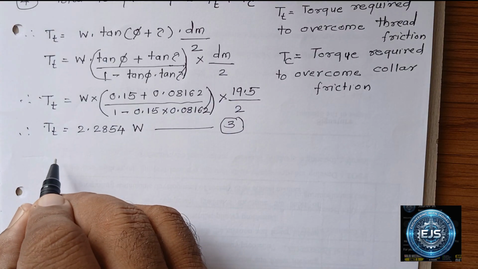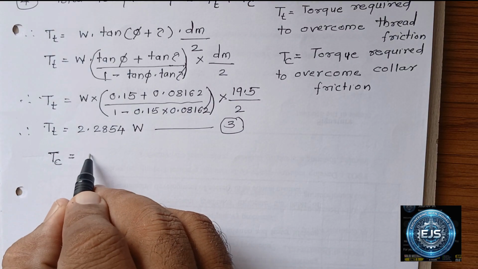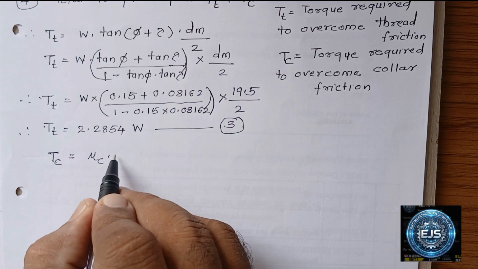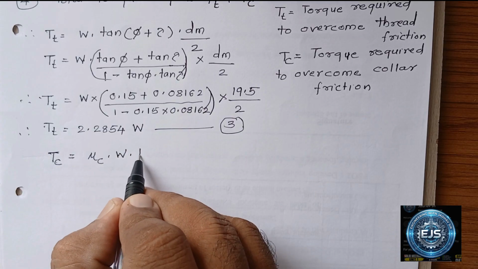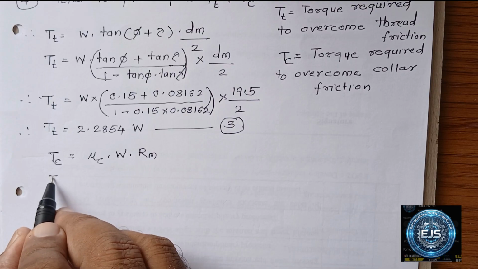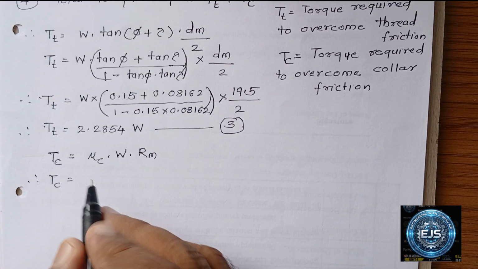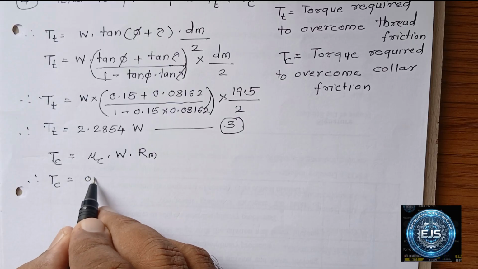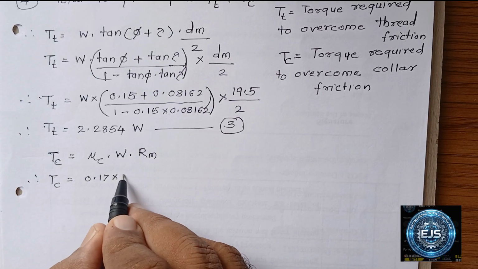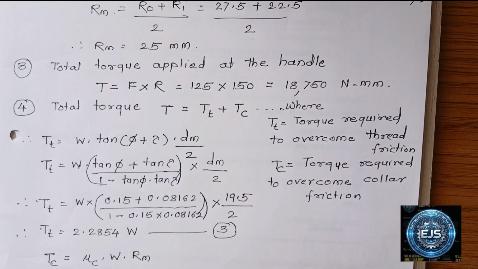Now the second one is to calculate the torque required to overcome the collar friction. The formula is mu C into W into Rm. If we put the values, mu C is given as 0.17, multiplied by the force W, into the mean radius. Just now we calculated the mean radius of this collar.